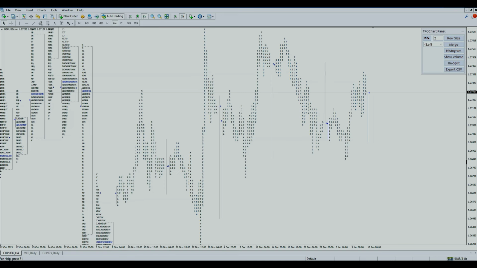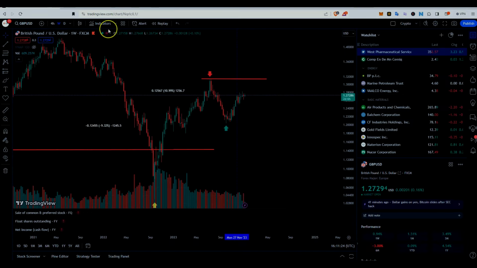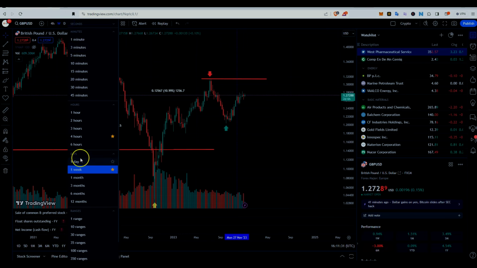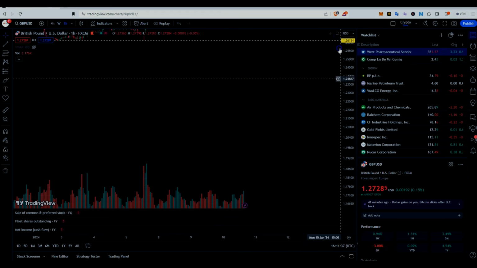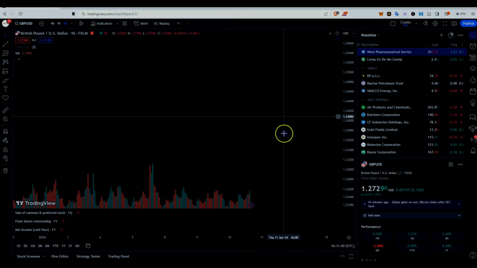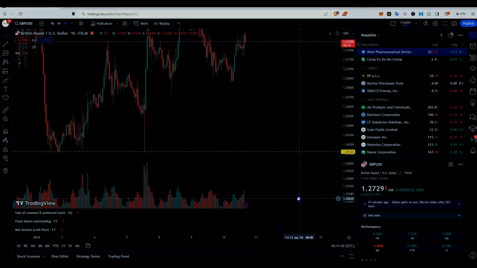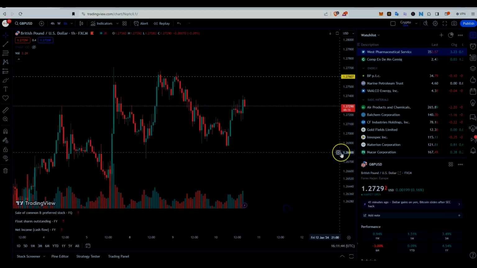So we can see this, and if you look at this against a candlestick chart, so this is cable, as a candlestick chart. I'm just going to put it on a 1 hour time frame, and you're pretty much going to see the same thing as we were just looking at there. So you can see almost exactly the same pattern.